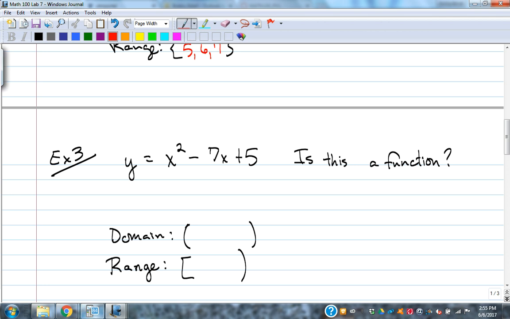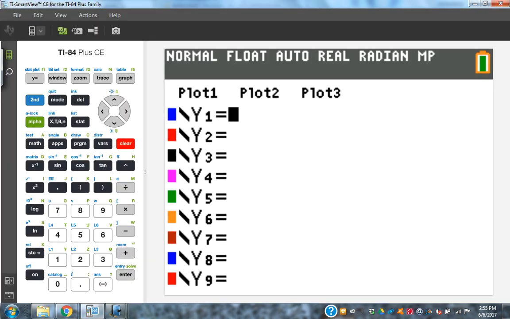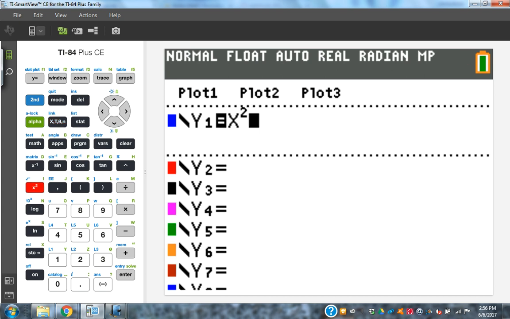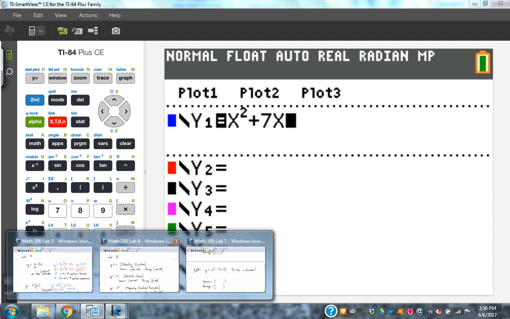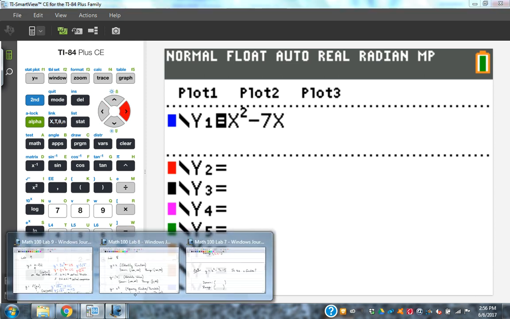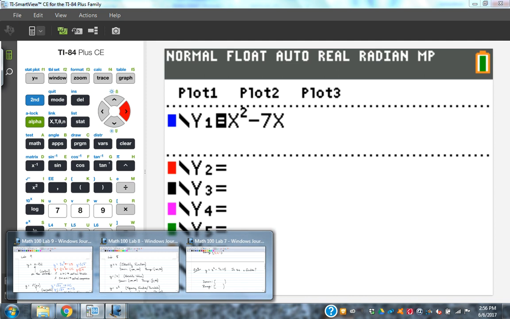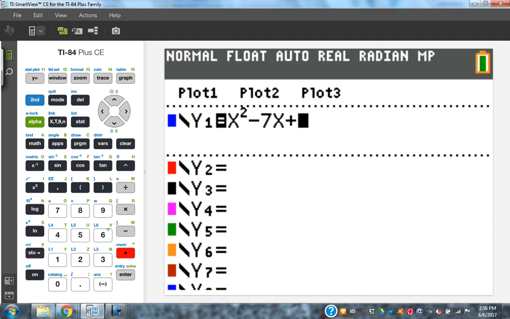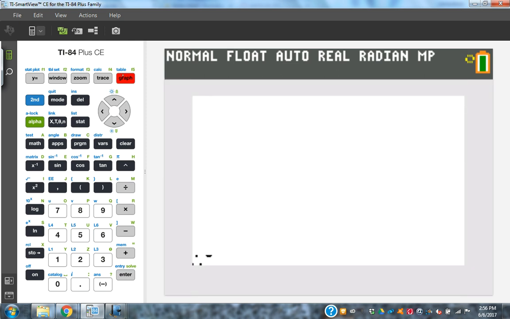So I'm going to go to y equals and type in x squared plus 7x. Oh, it's minus 7x. Let's go back and change that. And then it was plus 5. And we hit graph.